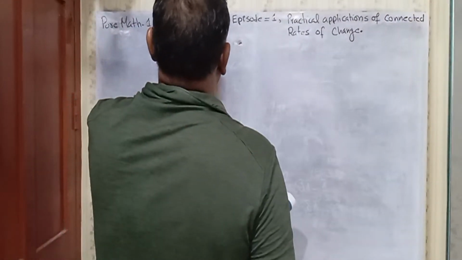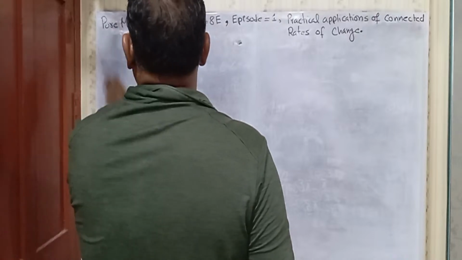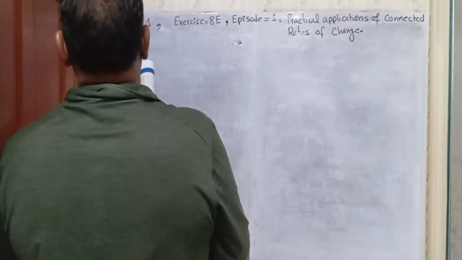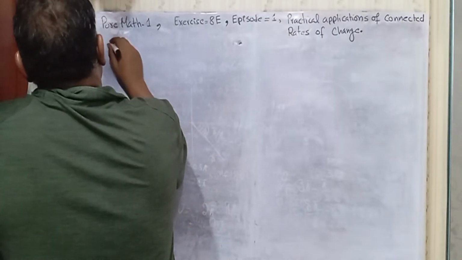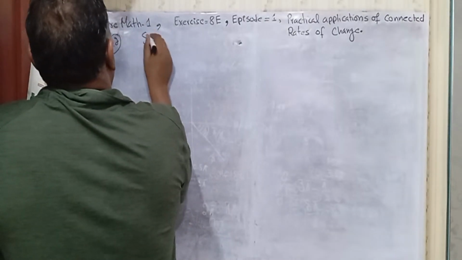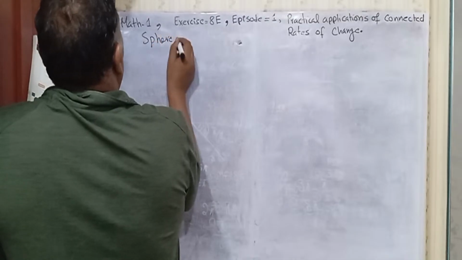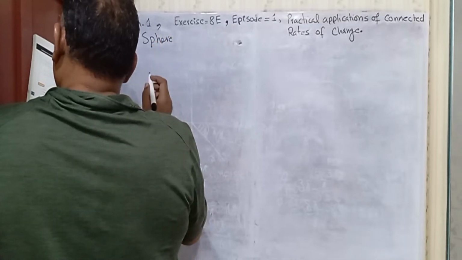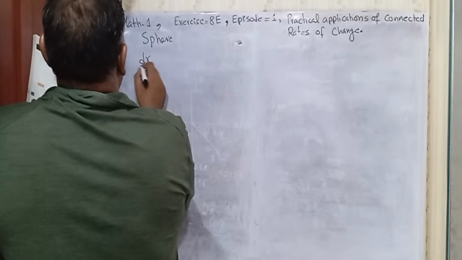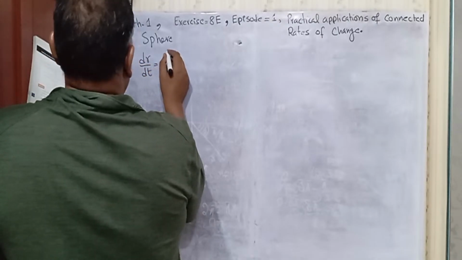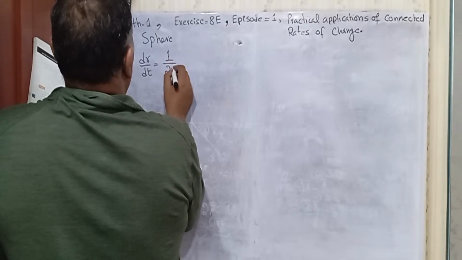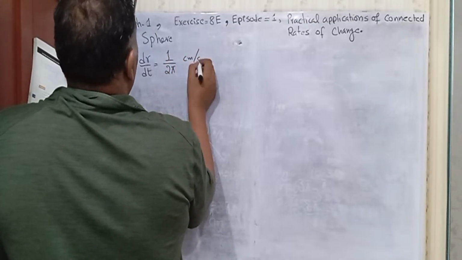The basic thing given to us is that we have a sphere. This is question number 2. So we are talking about a sphere, and dr by dt is given, that is 1 divided by 2 pi centimeter per second.